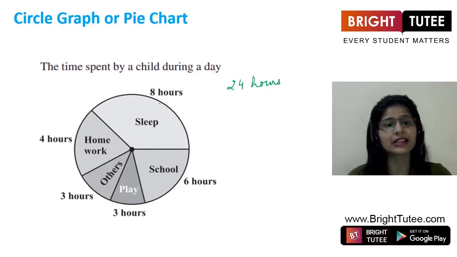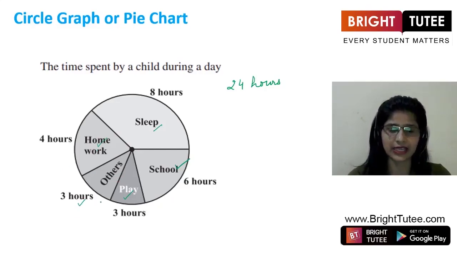Right, 8 hours is the number of hours that he is sleeping out of 24 hours. Then he goes to school for 6 hours. That is the information depicted here. For playing he spends 3 hours. Then for doing the homework, he is spending 4 hours. And then at last, 3 hours are spent on other activities, right?